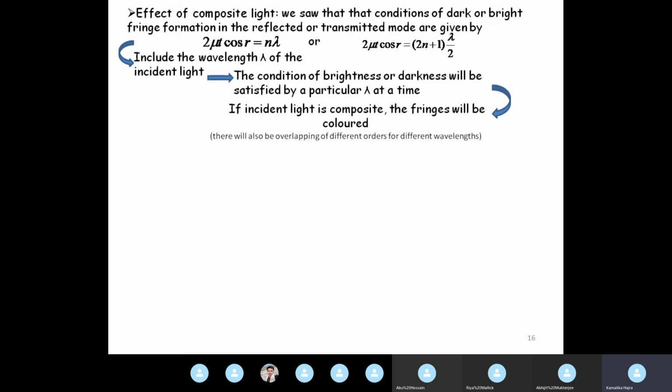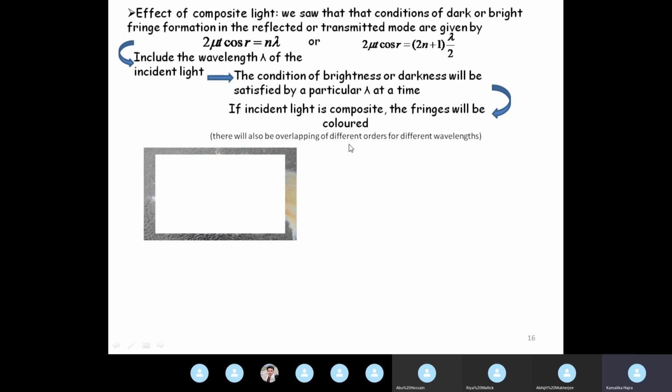So if the incident light is composite, it is clear that the fringes will be colored, because the conditions of brightness and darkness are satisfied by the lambdas differently. Different lambdas will satisfy these conditions in different manners, one bright or the other dark, and so forth. So there will be a separation of colors and the fringes will be colored. But of course, there will also be overlapping of the different orders for the different wavelengths.